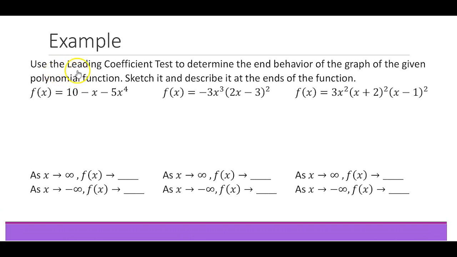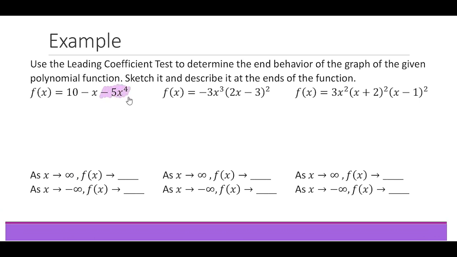In this example, we're going to use the leading coefficient test to determine the end behavior of the graph of the given polynomial function. Sketch it and describe it at the ends of the function. So here first we have f of x equals 10 minus x minus 5x to the fourth. So we'll start by identifying the leading term.